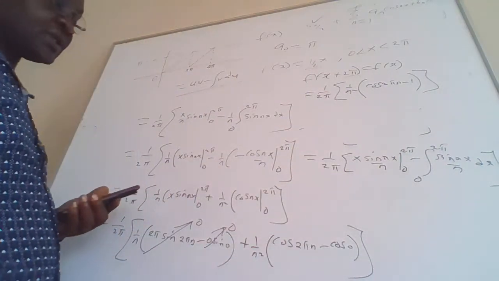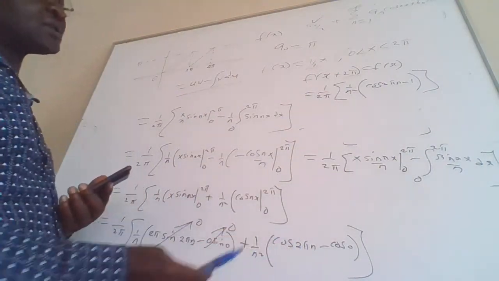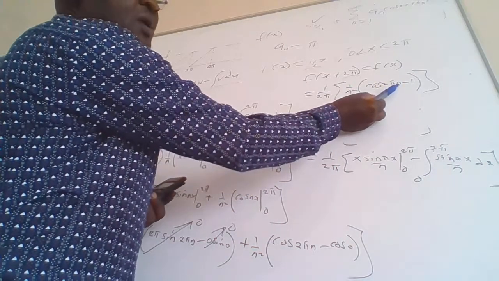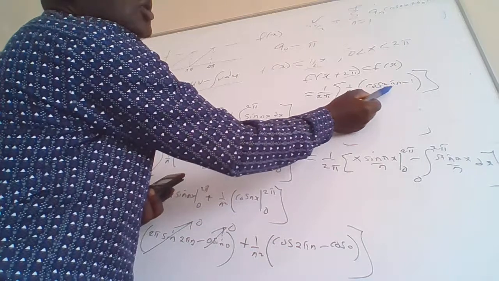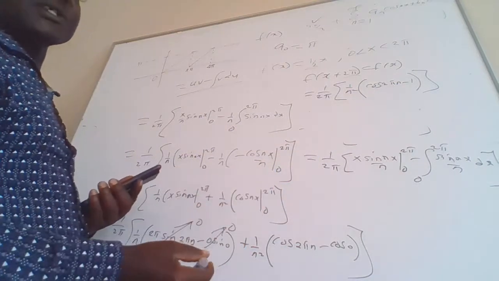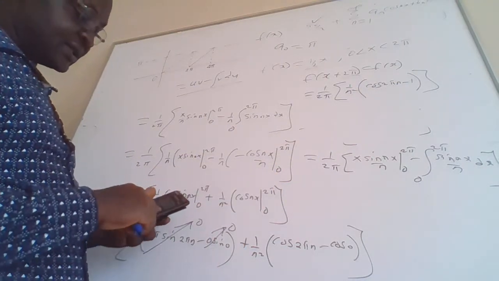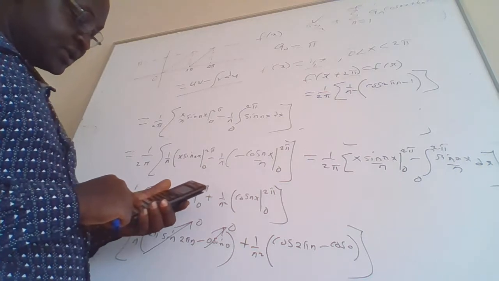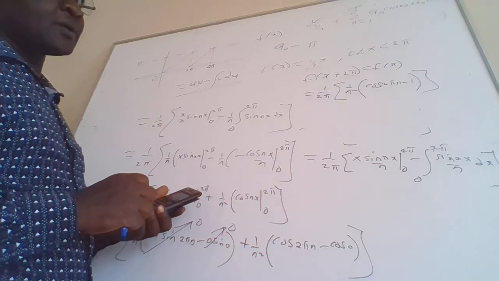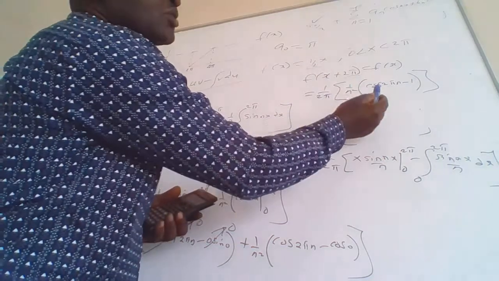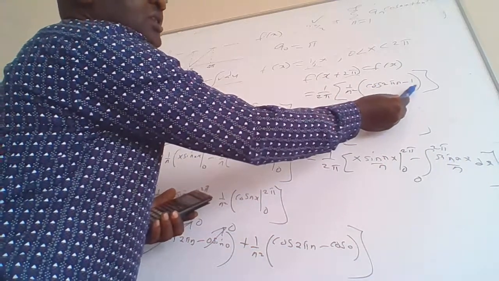Now we also want to test for even and odd numbers. So we test here when n is 1 and when n is 2. When n is 1, this is cos 2 pi. Cos 2 pi is the same as cos 360. Cos 360 is 1 when n is 1. So we shall have 1 minus 1, meaning it will be 0.